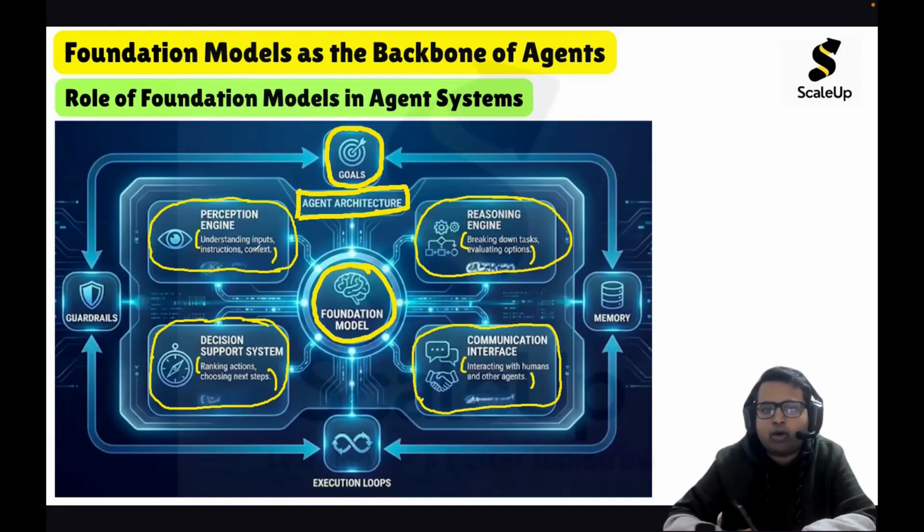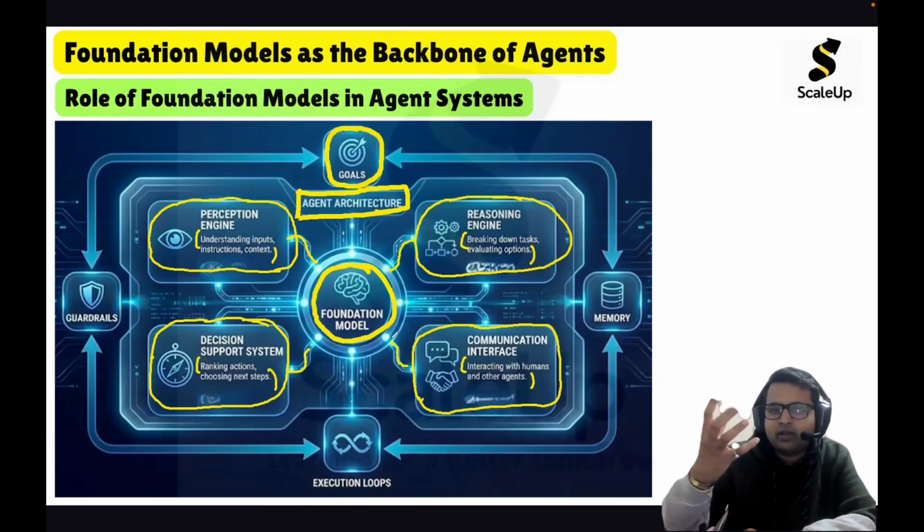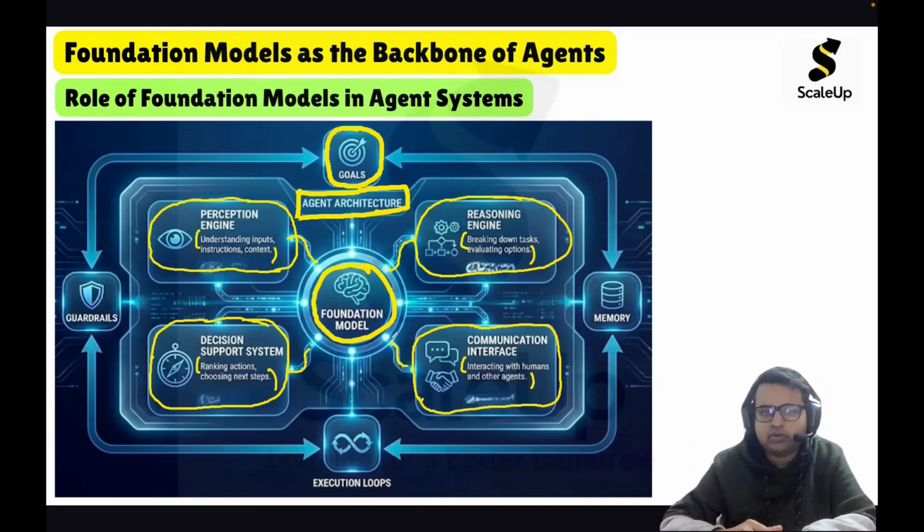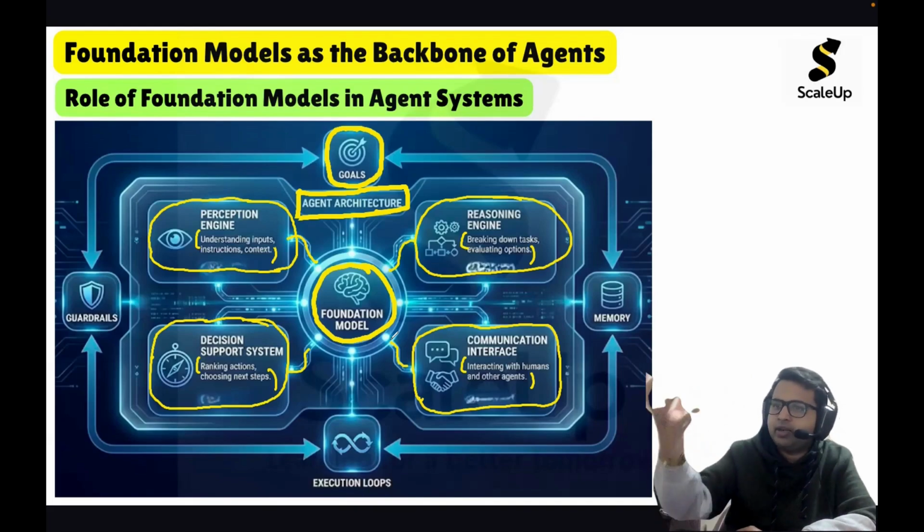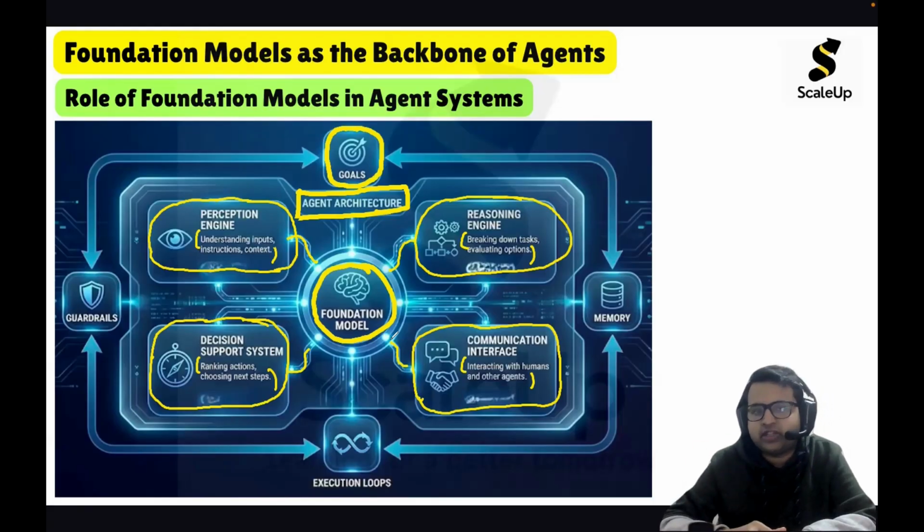Now, interestingly, all these components of agents make use of the foundation model. That is the idea. The perception engine is perceiving some input from the real world. Now, to get more context, we can make use of the foundation model.